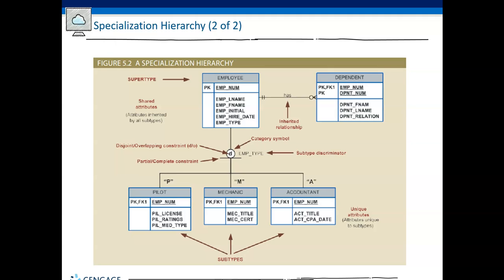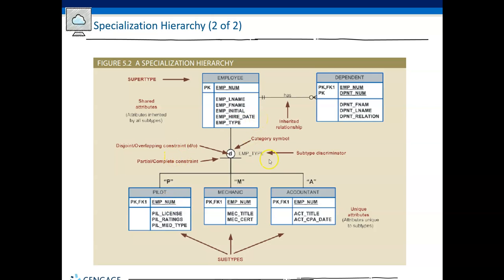Who knows what else they could be. But the point is that all the just generic employees don't need any other special attributes. They can all be stored in the employee database, regardless of what their actual job is. But in the case of a pilot or a mechanic or an accountant, they have to have special fields added to just these right here, because you have to know these things about these people.